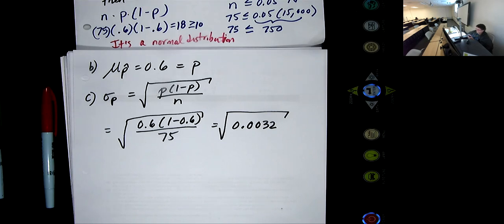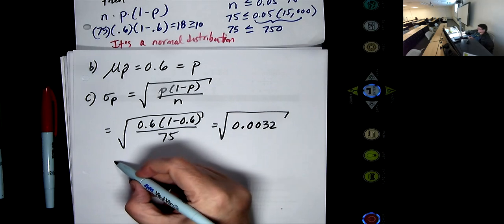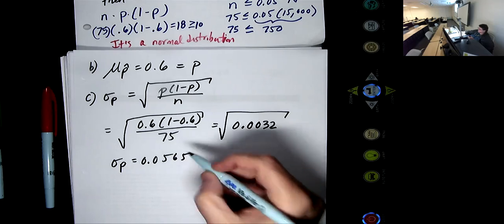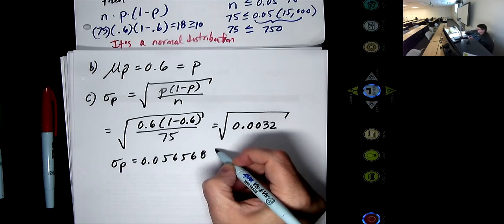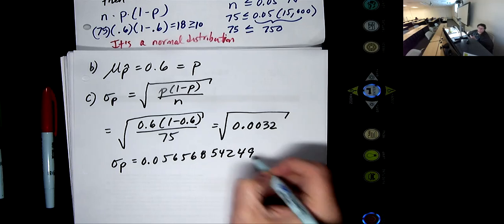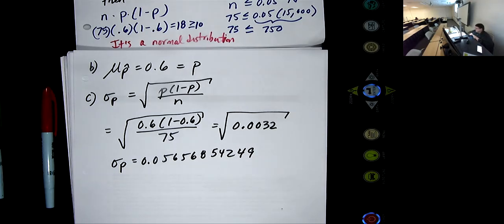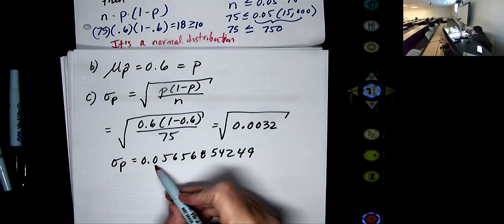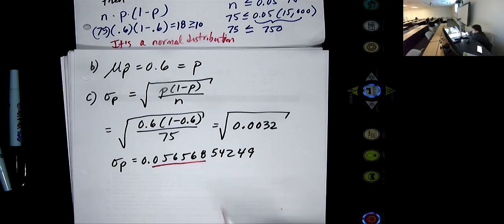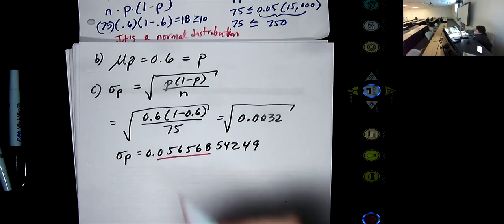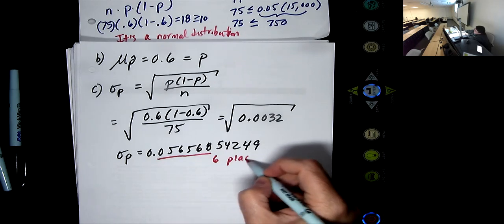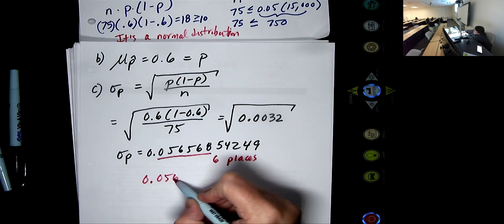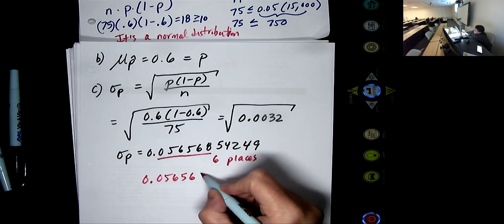When I take the square root of that value, it tells me it wants 6 decimal places. So I'm going to have to round up. I check the next number. I'm going to round up to 0.056569.